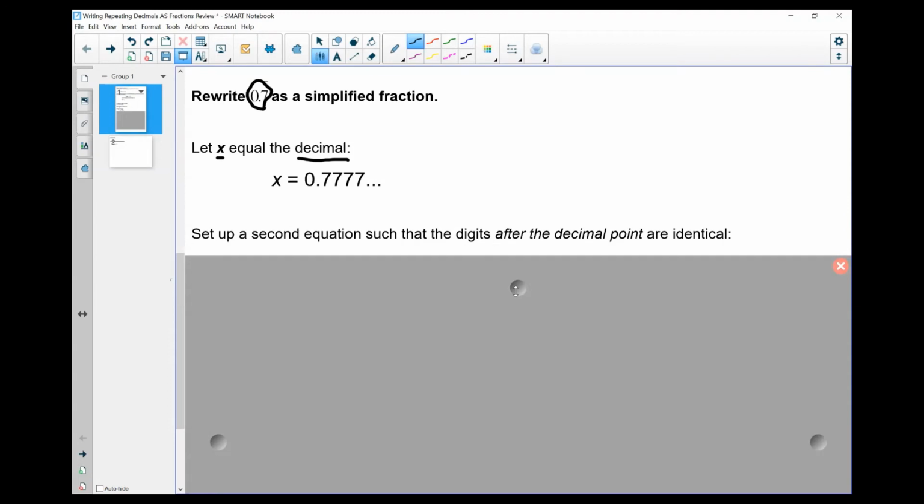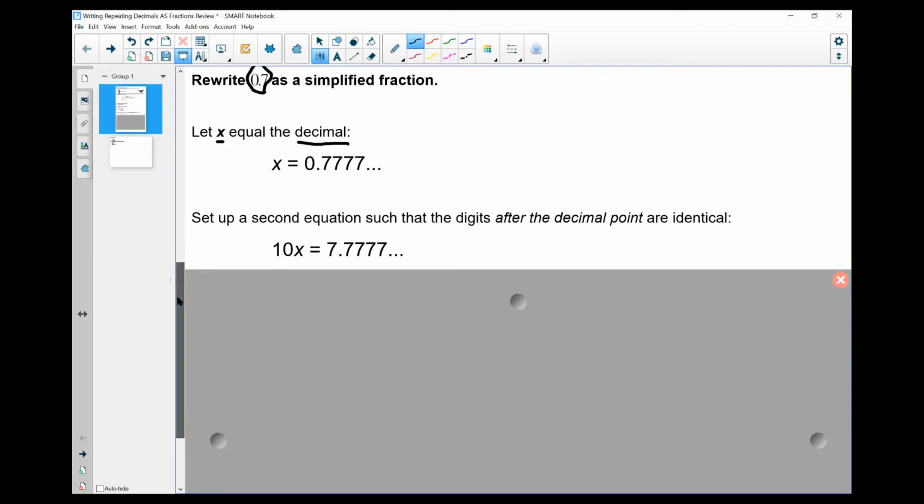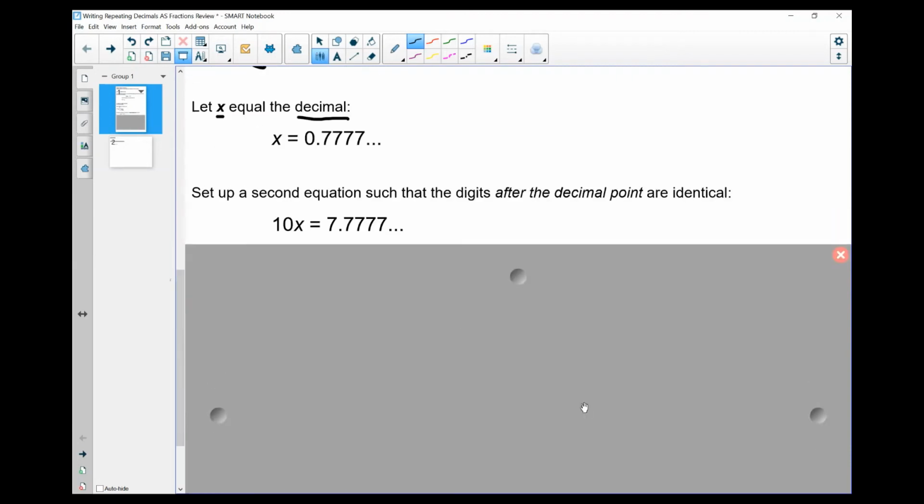Now, second, we're going to set up the second equation such that the digits after the decimal point are identical. So here's what I mean. 10x, because you guys remember from Friday, we're going to use the numbers 1, 10, 100, or 1,000.